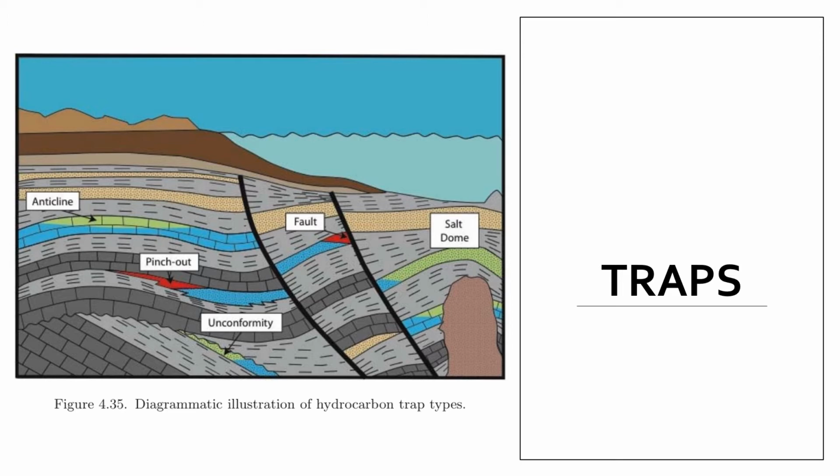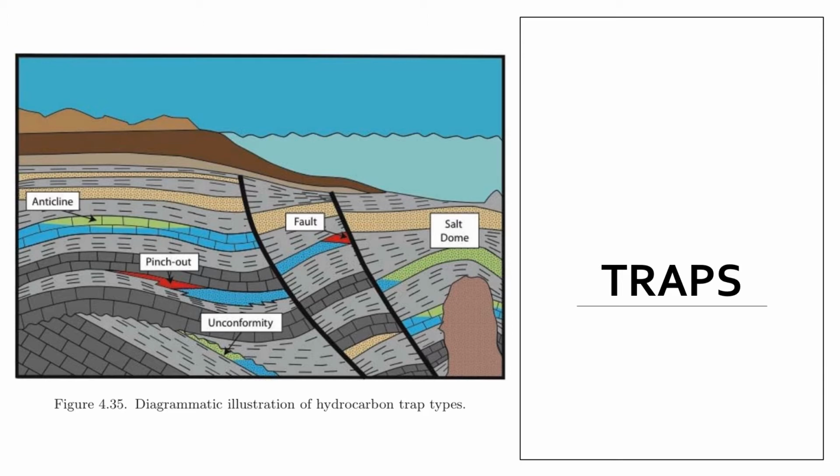Now, the last two types are structural types of traps. This one is a fault type of trap. As we can see here, we have a sandstone, and then we have a fault. Now, note that not all faults are impervious.